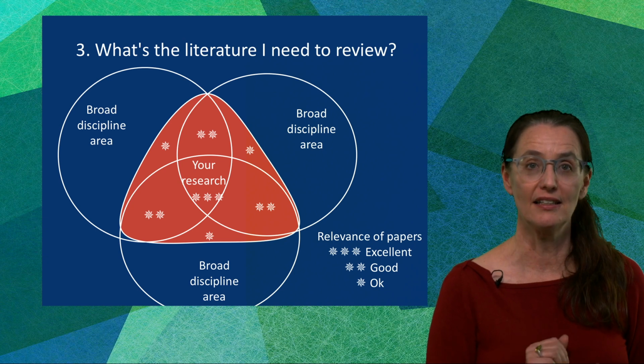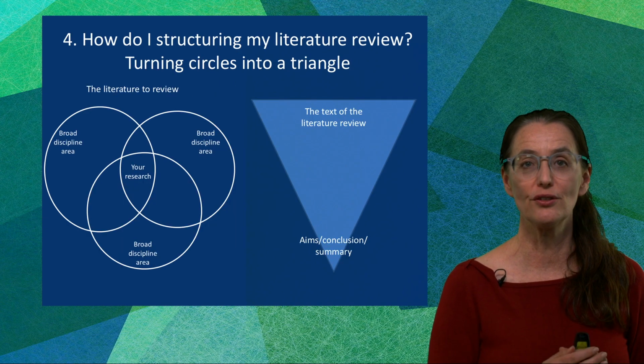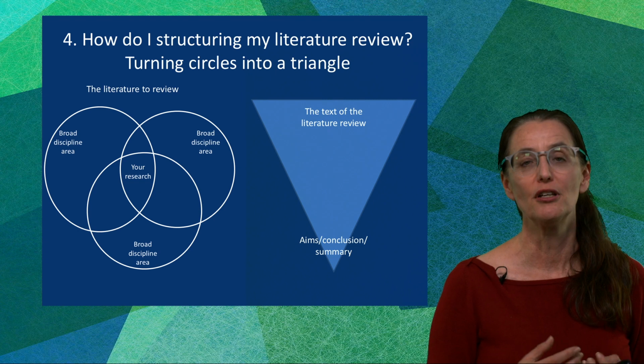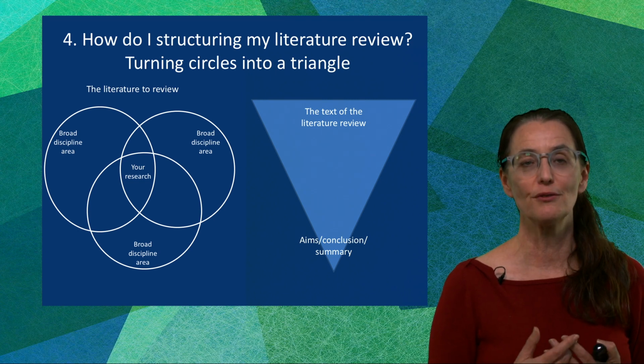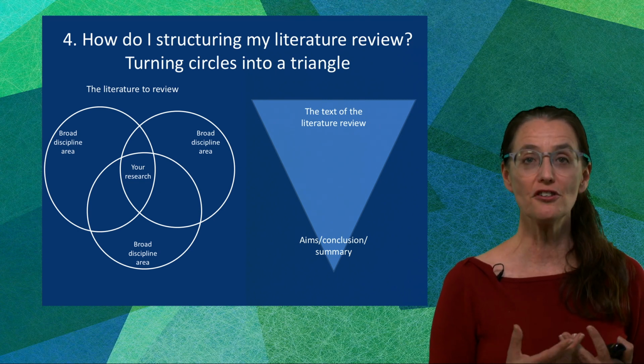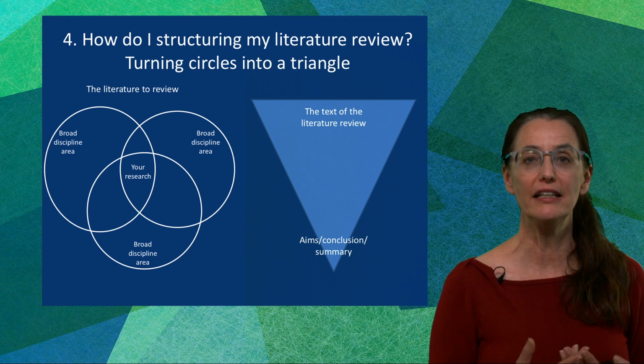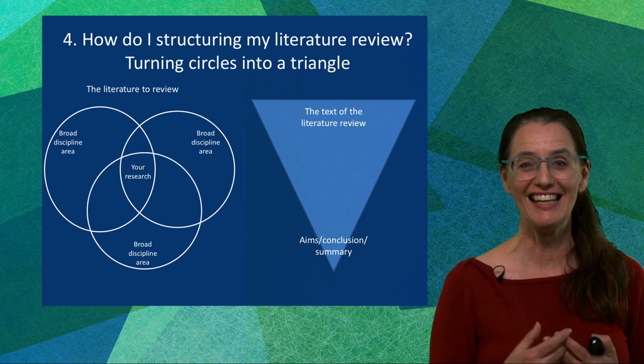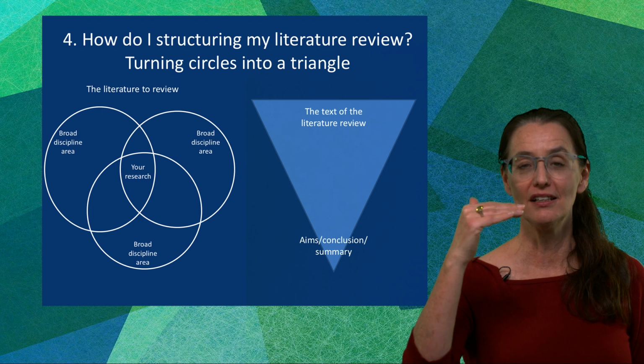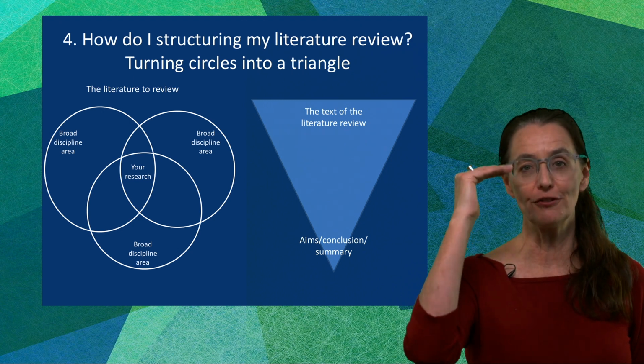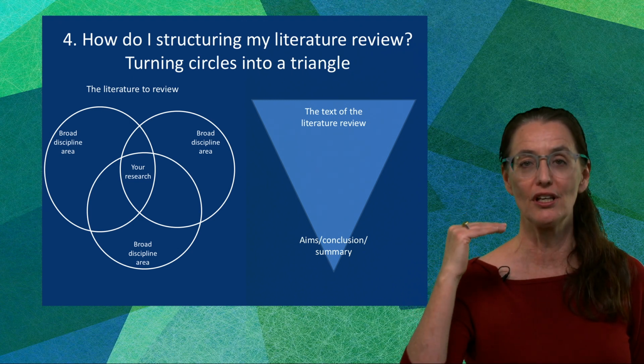Because the next thing is, how do you turn 3 circles into a document? Because we still have to produce a literature review as usually a linear written document. And it has a beginning, a middle, and an end. So something's going to have to go first, second, third, and fourth.